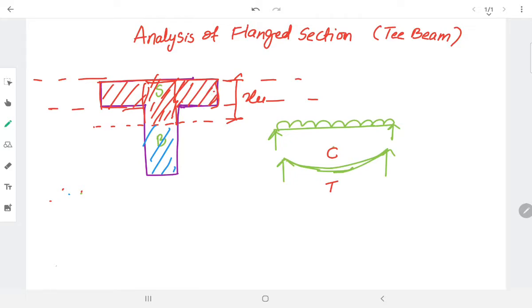So this acts as the T effect: the compressive stresses on the top fibers of the beam are distributed over a certain area of the slab. That is what we call the T-beam, or flange sections.